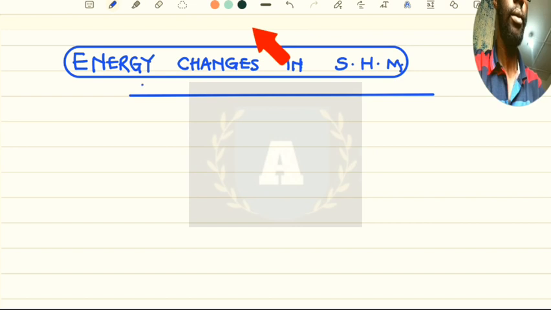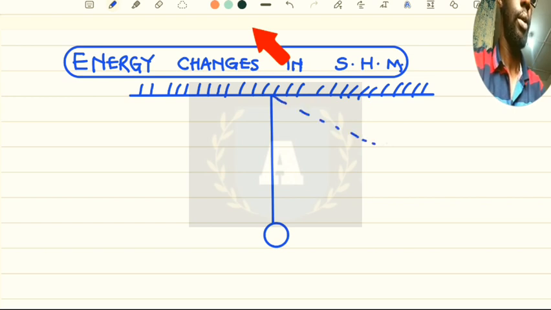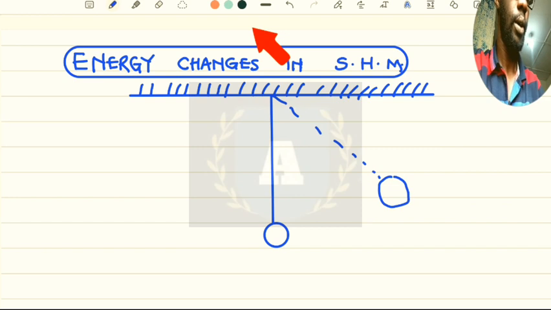Now look at the bulb of a simple pendulum displaced horizontally as shown in this diagram. So the bulb is actually displaced, and we have different points.